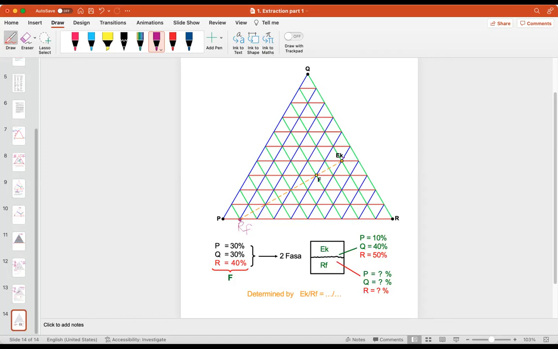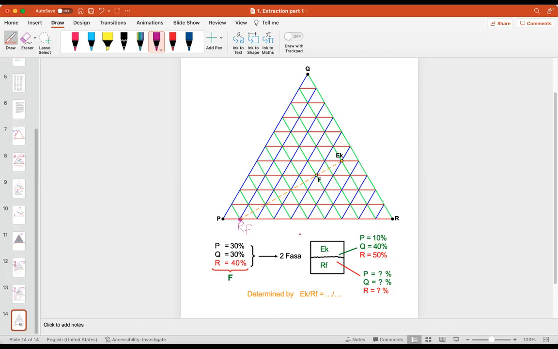The extract will contain P, which is 10%, and then the Q becomes 40%, and R is the remaining, so 100 minus 10 minus 40, which is 50%.